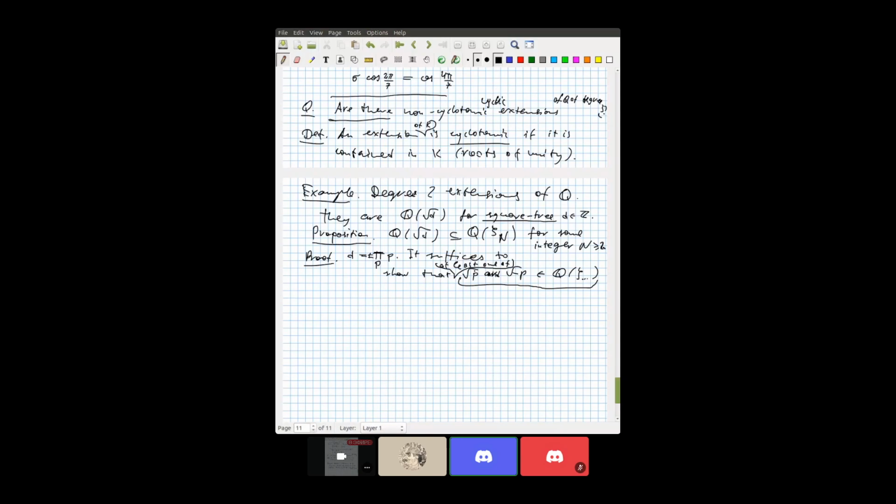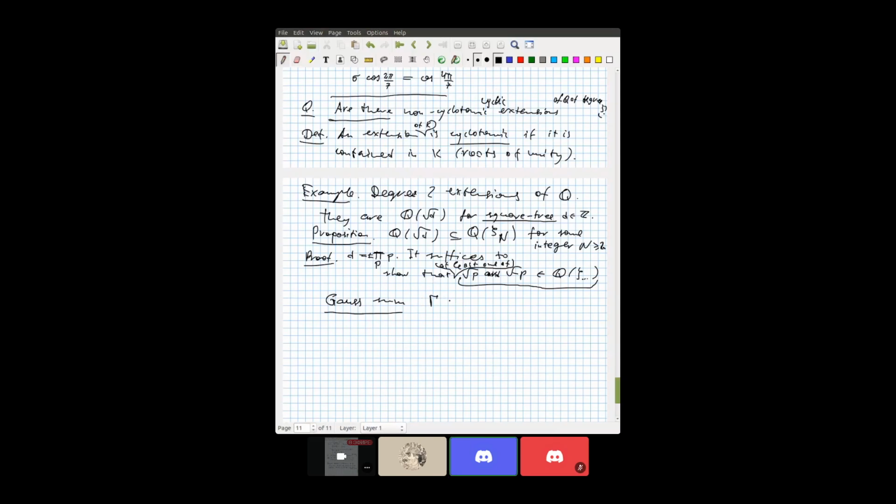Okay, so now how do we construct this cyclotomic extension? We use what is called a Gauss sum. It is some finite version of the gamma function. Let's call it gamma.